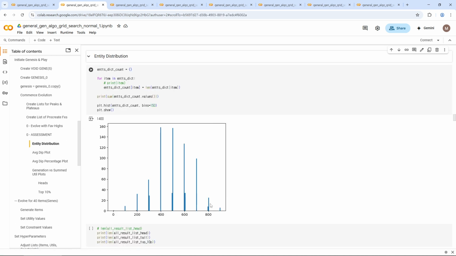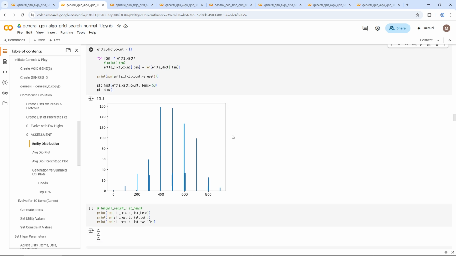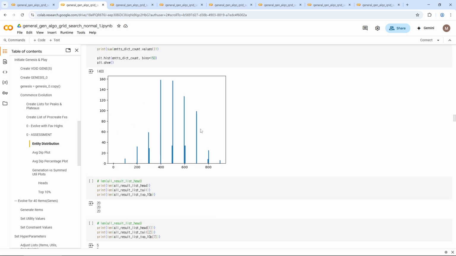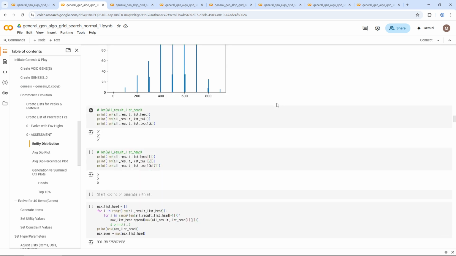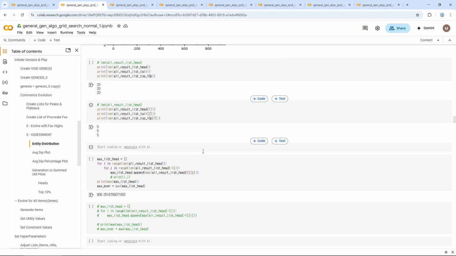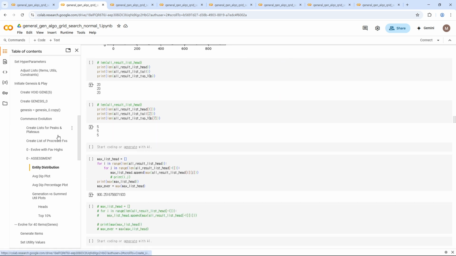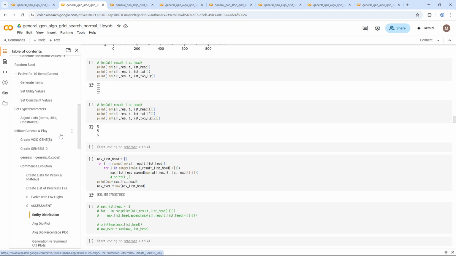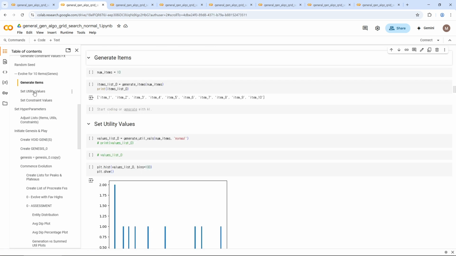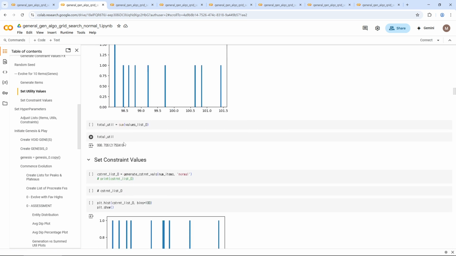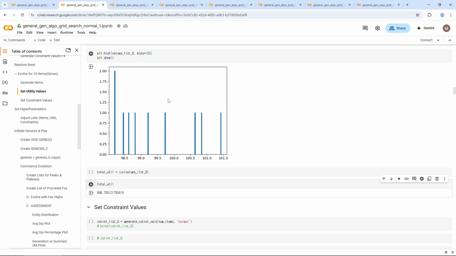When I run that, this is the distribution of the entities, a snapshot of the final iteration of the evolution. Let's get things clear for now. For 10 items, I generated 10 items, and the total sum of utility values is around 1000, because the values sampled from the normal distribution are all centered around 100.